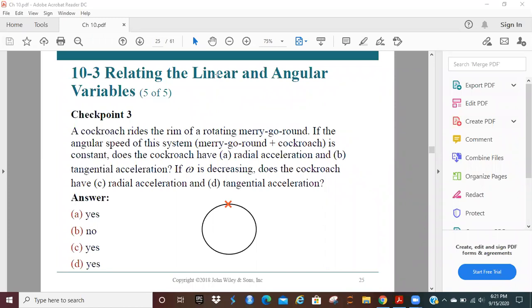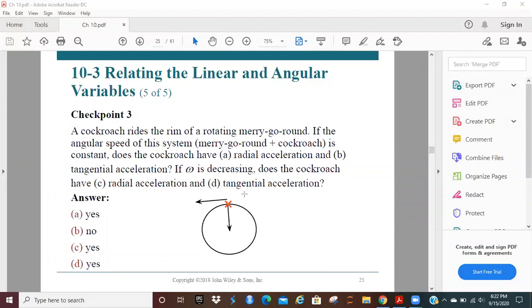So if the angular speed of the system is constant, then we don't have any angular acceleration. We do have acceleration in towards the circle. We do have linear velocity, which goes out this way. It's tangent to that. So we will have a radial acceleration.